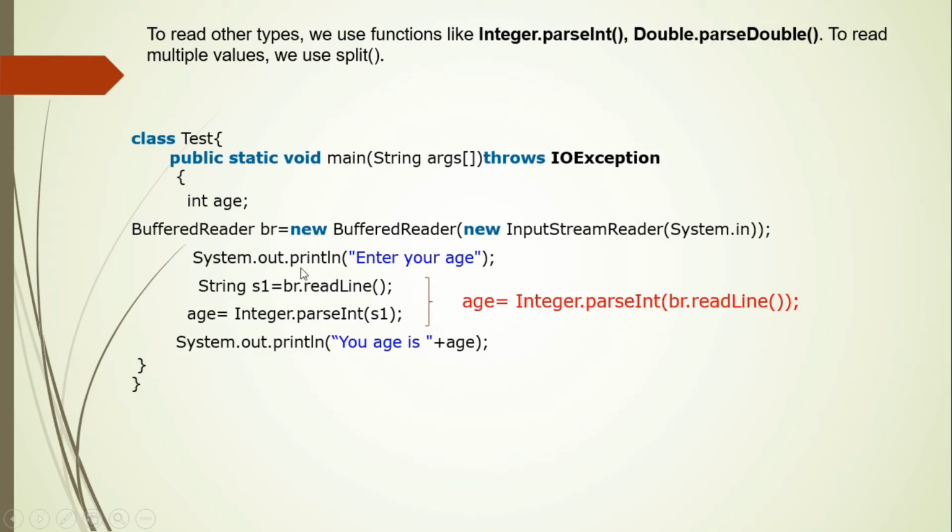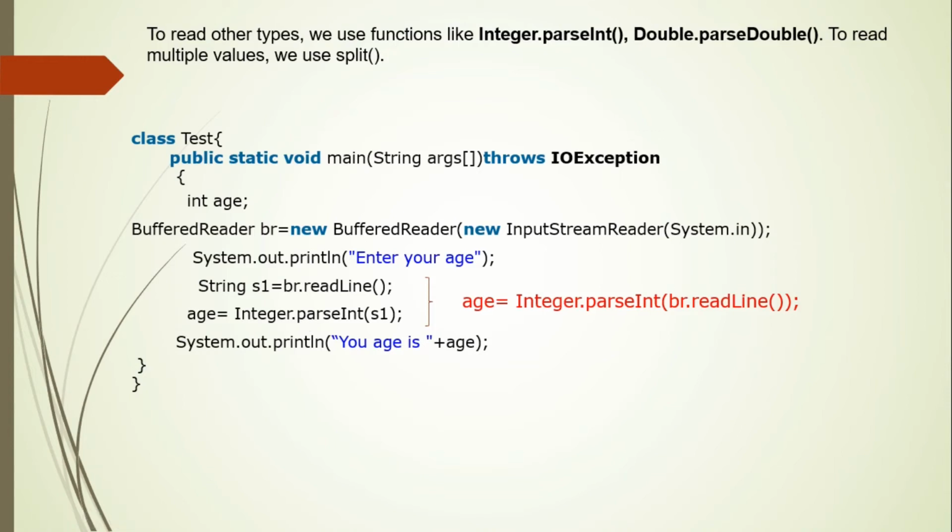Consider this example. Here, I need to read the integer value age and print it in the console. So first I create the object br of BufferedReader and call the method br.readLine. When we read some integer value age using this method, Java treats this value as a string.